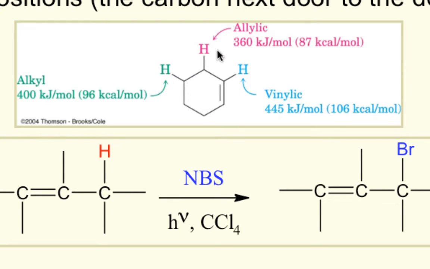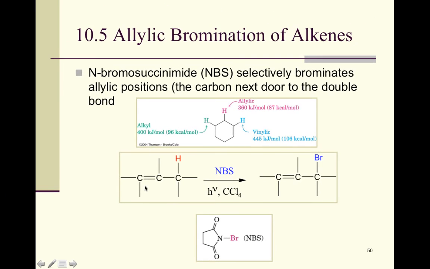This is a reaction where this allylic hydrogen is where the bromine's going to go. Here's a general reaction. I don't have anything on the ends of these because they can pretty much be any kind of R group, but it's this hydrogen here that, in these conditions using NBS, light, and CCl4, where the bromine doesn't add across the double bond.